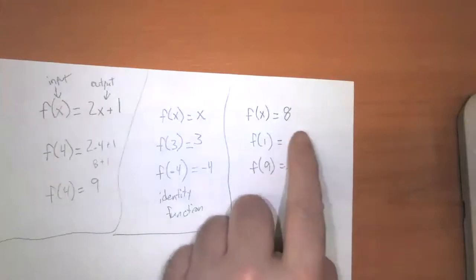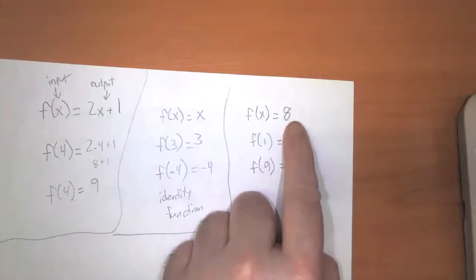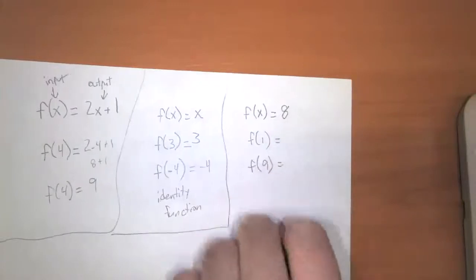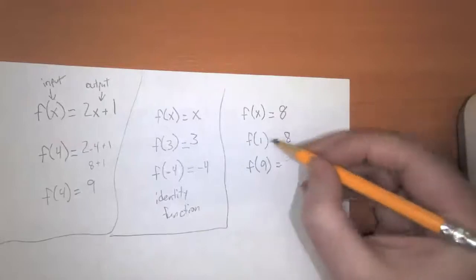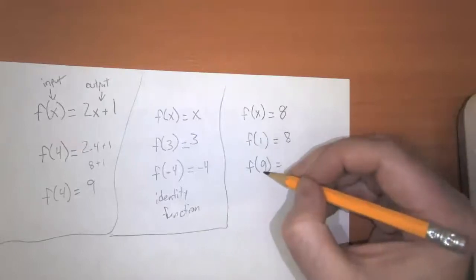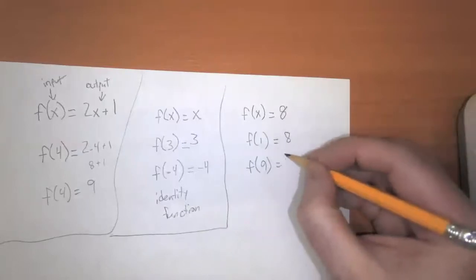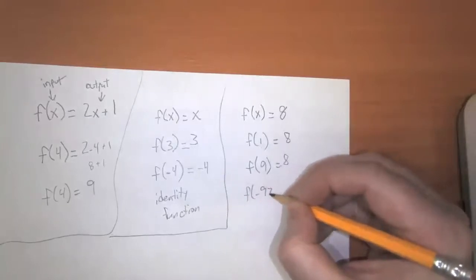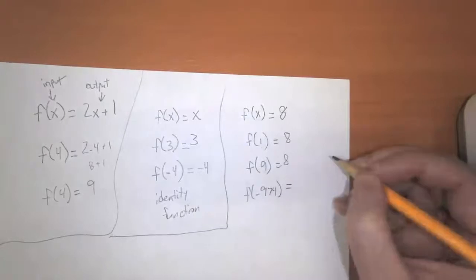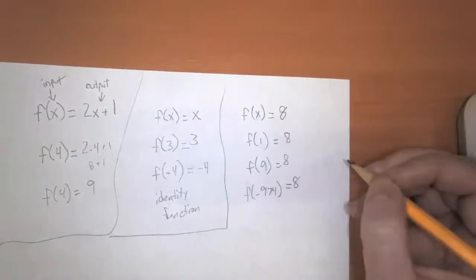We're going to substitute 1 in for x in this expression, but there is no x in this expression. So what is this expression equal to? Well, this expression is equal to 8 when x is equal to 1. When our input is equal to 9, our output is equal to 8. When our input is equal to negative 974, our output is equal to 8.